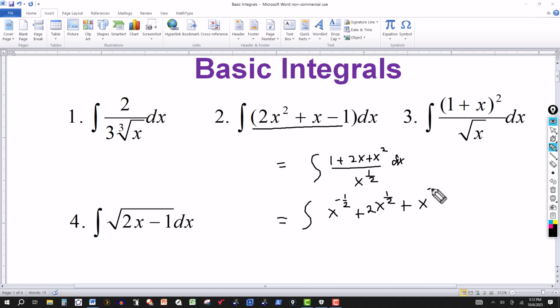Here's 3/2. Now this one is kind of like number 2, except it's not a polynomial because the exponents are fractions or negative. But you can still use the same property. So what we do here, we have x to the negative 1/2, so we add 1 to the negative 1/2, we get 1/2.